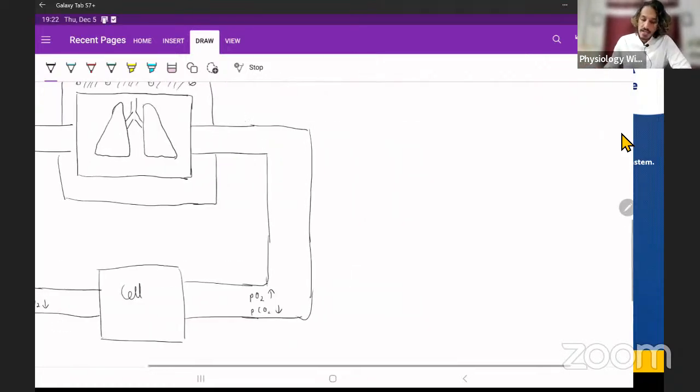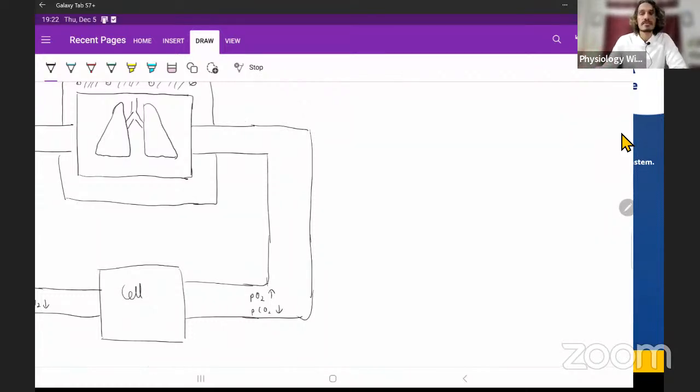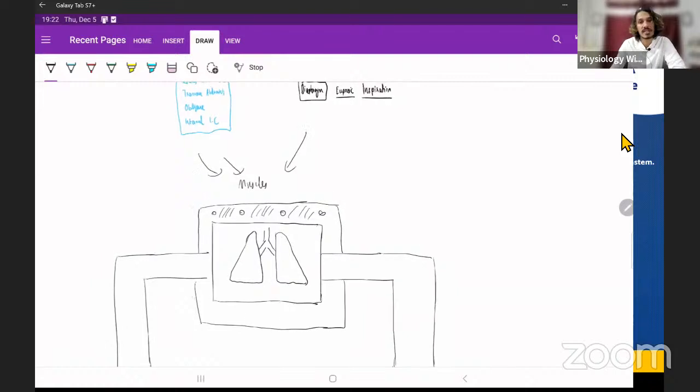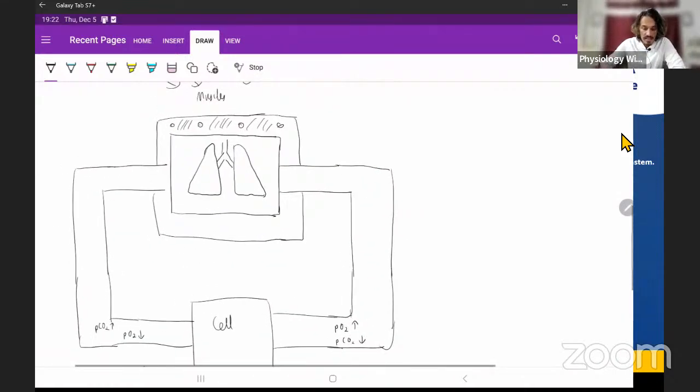Now, this is where you need to keep some sort of a receptor in the periphery. Mind you, again, we're talking about chemoreceptors, chemical regulation of respiration. The first type of receptor is a peripheral receptor. Central means it will be somewhere in the brain. But in this cycle, somewhere on the outside, we now need to understand: is the PO2 that was given enough?